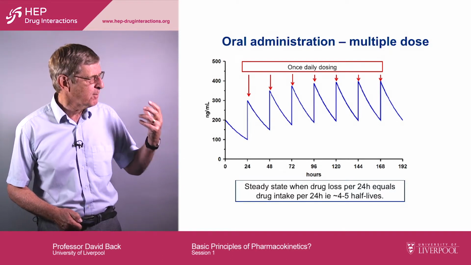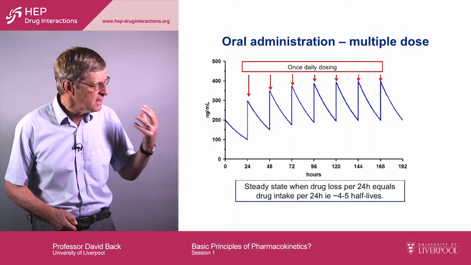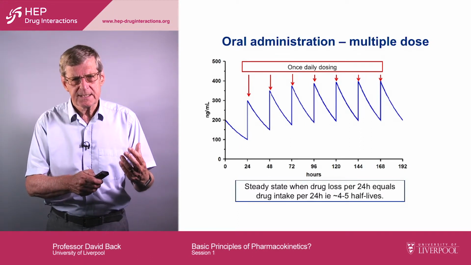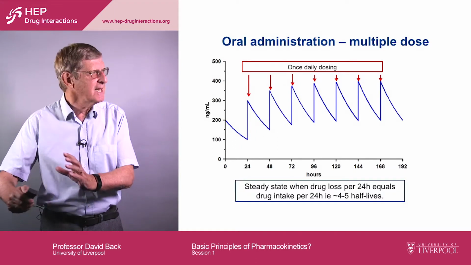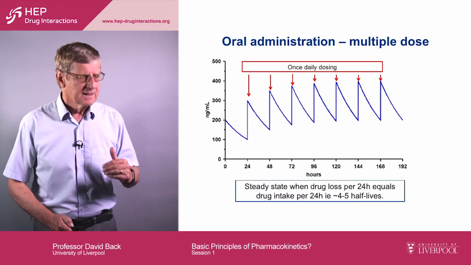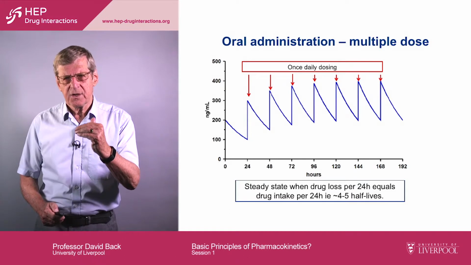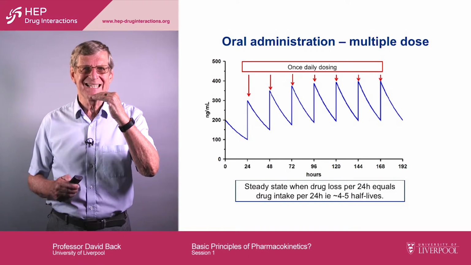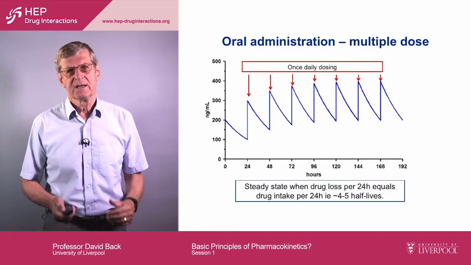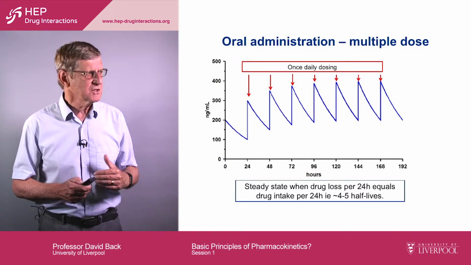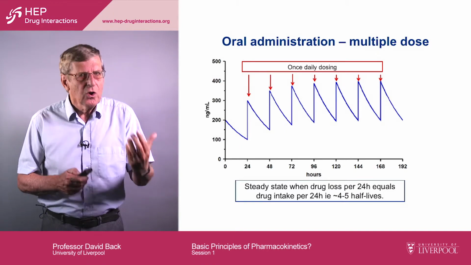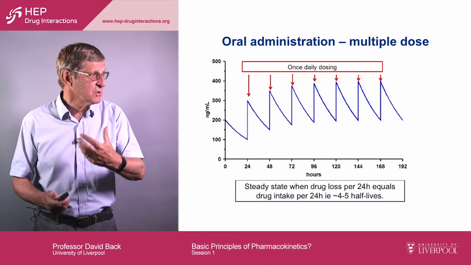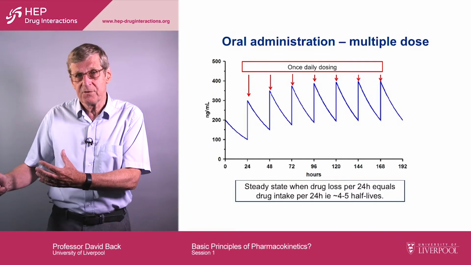So here we're looking at blood concentration of the drug over the 24-hour periods, and we're looking at this daily administration of the drug. And once you start to take a drug, the concentration builds up until you get what is termed a steady state concentration. And that steady state concentration is when the drug loss per 24 hours actually equals the drug intake per 24 hours.